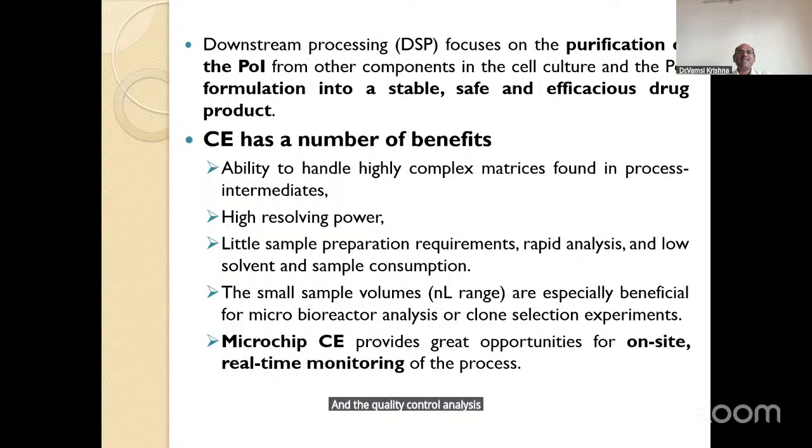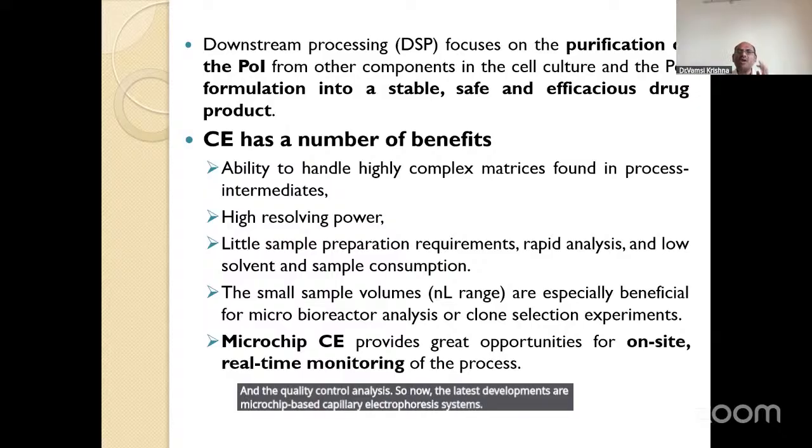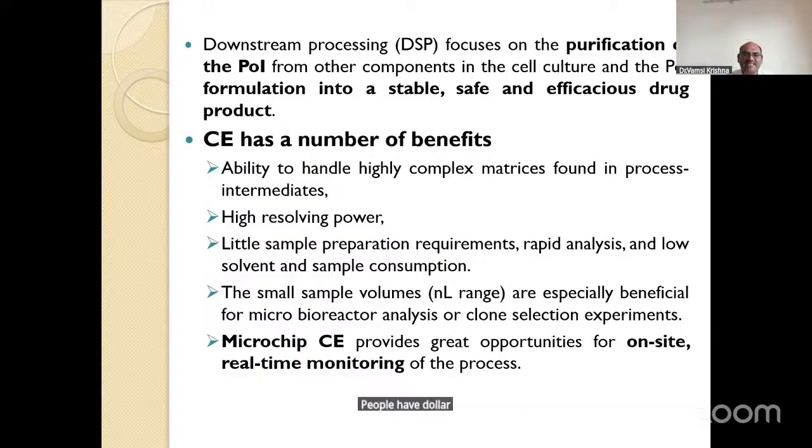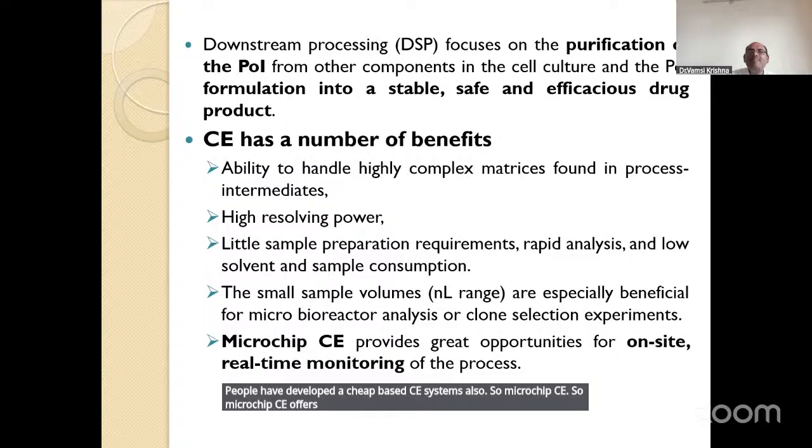Now the latest developments are microchip based capillary electrophoresis systems. People have developed chip based CE systems also. Microchip CE offers advantages like PAT, process analytical technology tool.